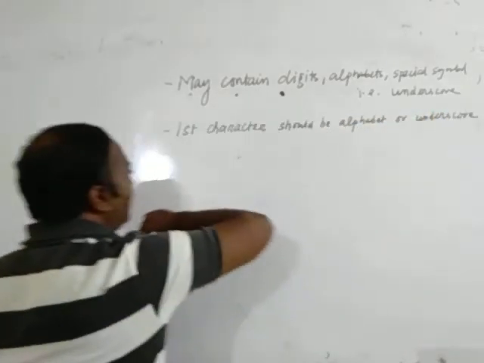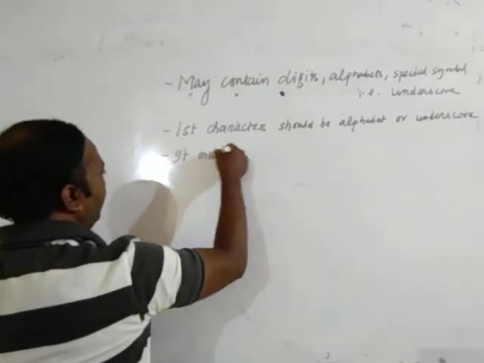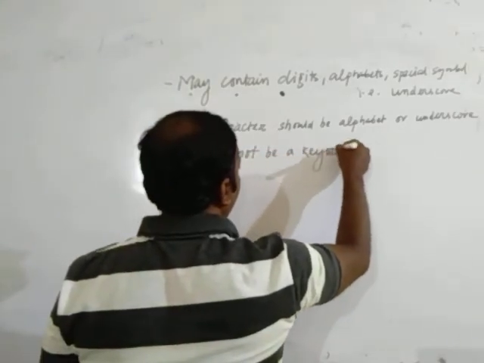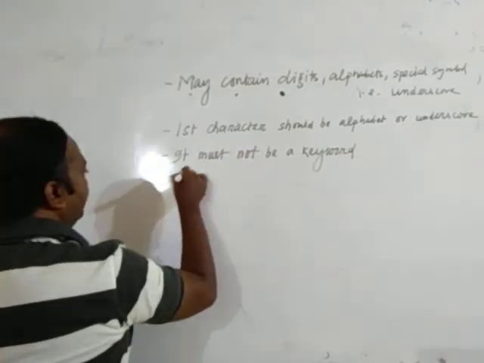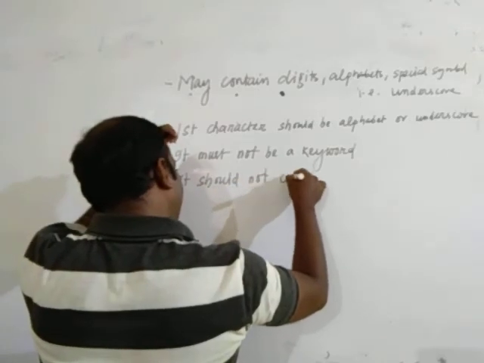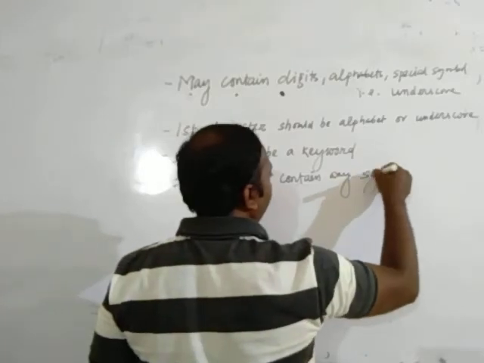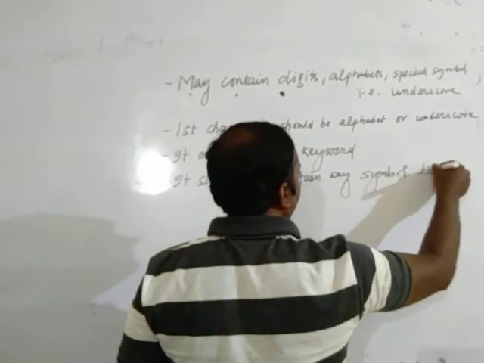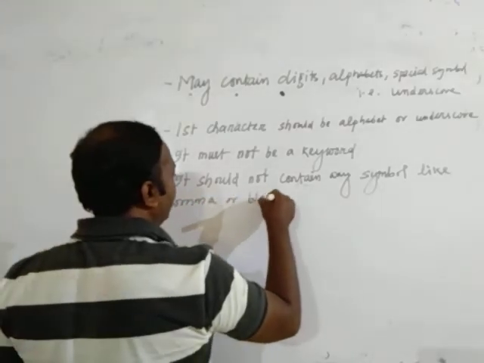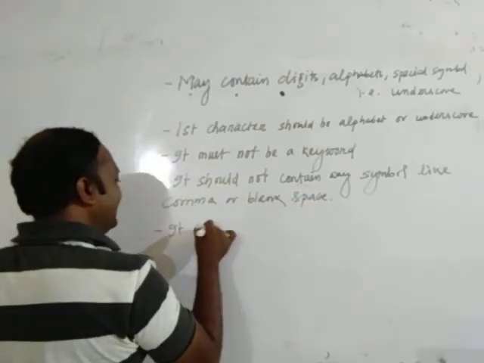The first character must be an underscore or alphabet. It must not be a keyword. It should not contain any symbol like comma or blank space. It is case sensitive.